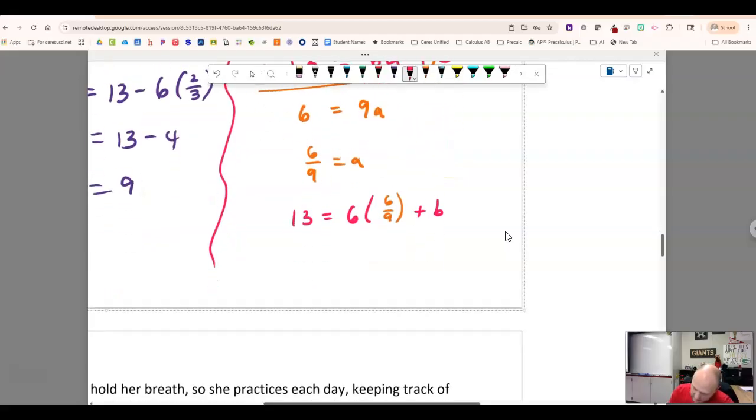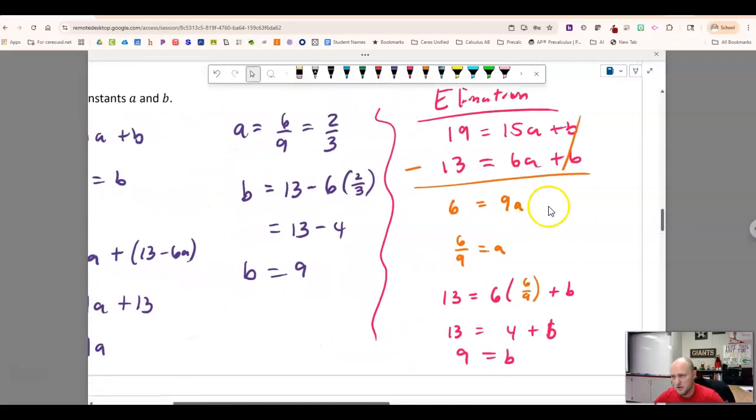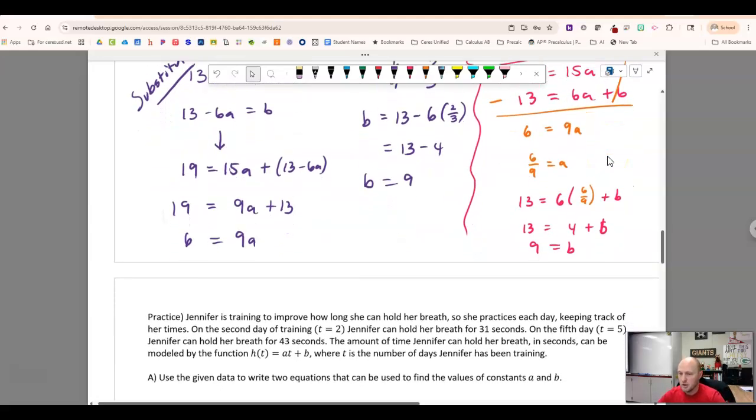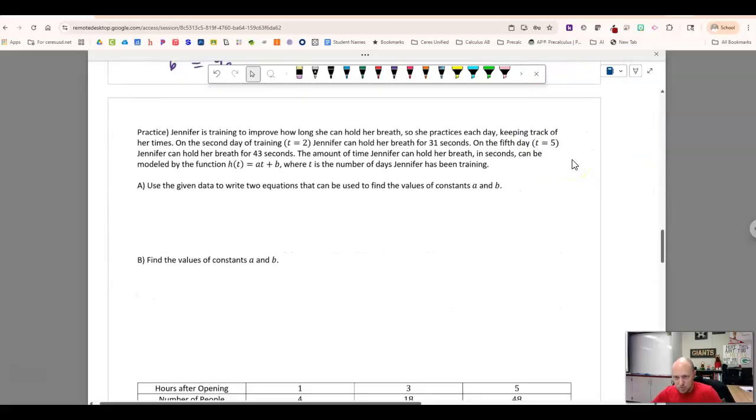Okay, and so we get what? 36 divided by 9 is 4. And you can see that b is equal to 9. Okay, that's elimination. I don't know if you think that's easier than substitution. It looks like a little bit quicker. But again, it only works if you have a variable in your system that has the same coefficient or opposite coefficients.